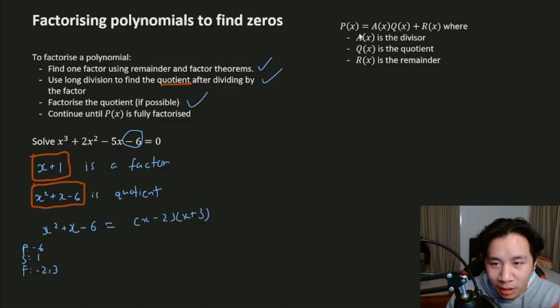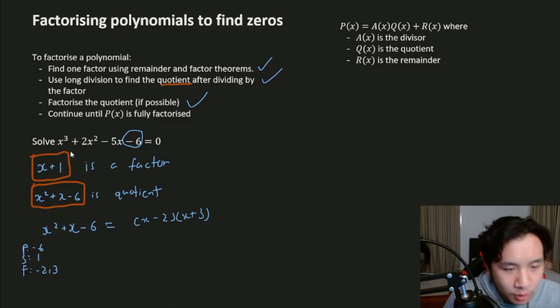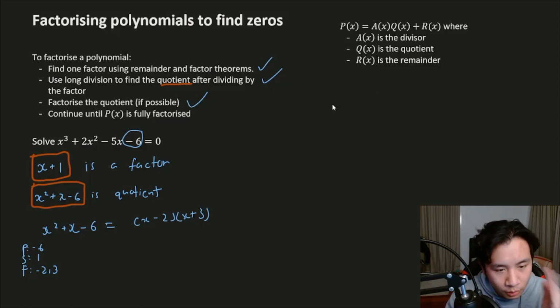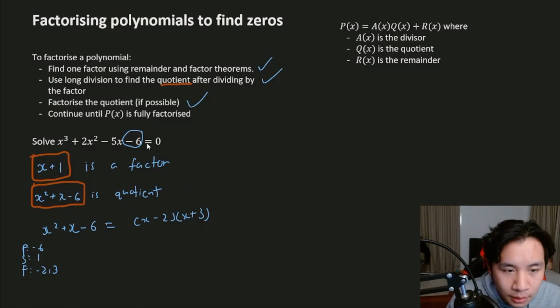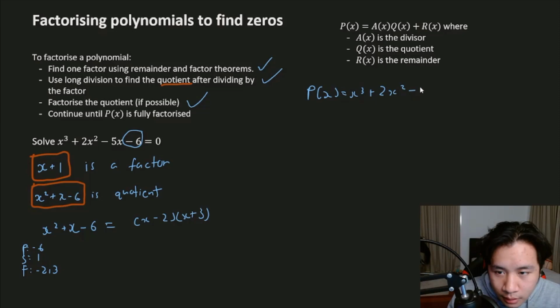So I can express polynomials in this form, where a of x is the divisor. And the divisor in this case is x plus 1, which is what we used to divide the original polynomial. Q of x is the quotient, which we found here. And r of x is the remainder, which we found from before was 0. Okay, so this polynomial right here, I'll write it again. P of x is equal to x cubed plus 2x squared minus 5x minus 6.